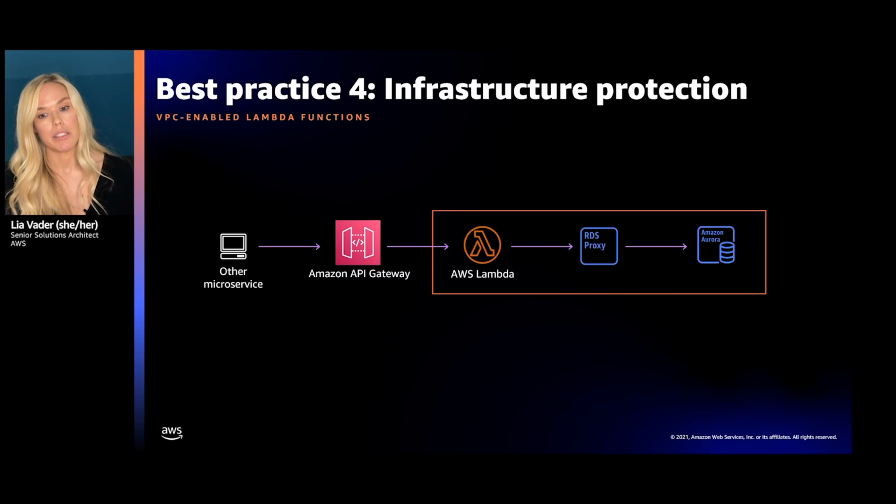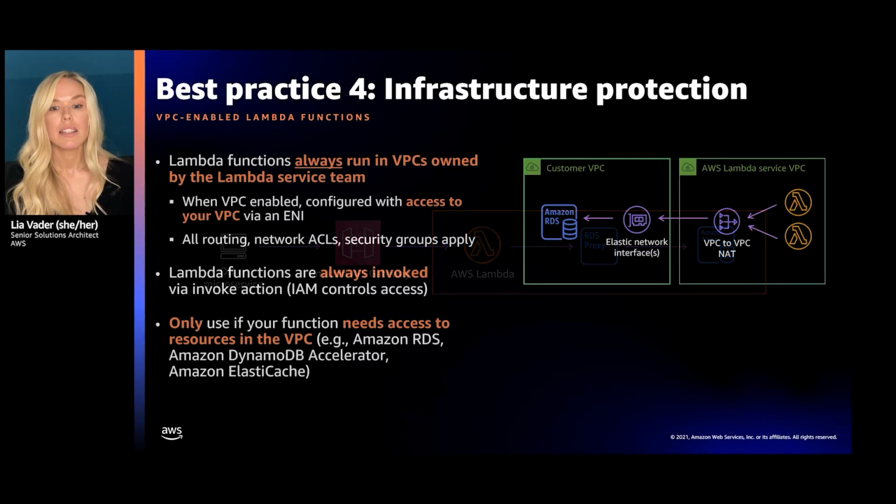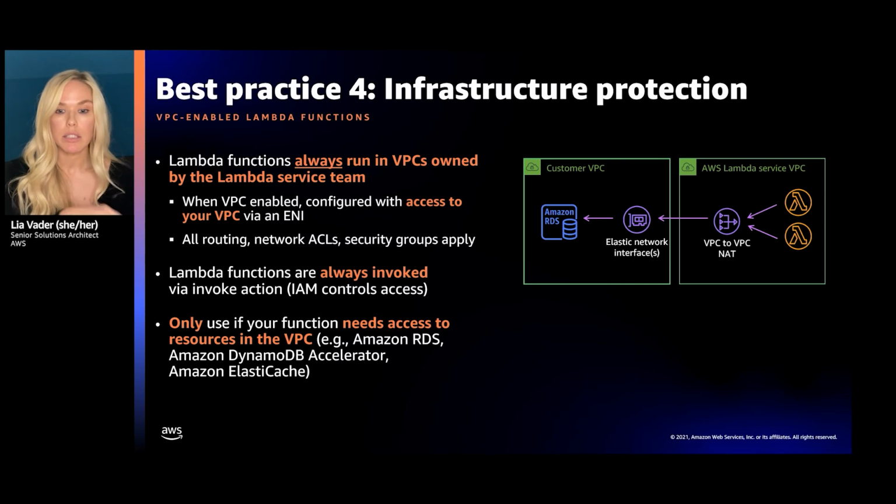Let's talk about Lambda communication to RDS Proxy, because that's happening in a VPC. First and foremost, I want to be clear that Lambda functions run in a VPC, but it's the Lambda service VPC. So when a Lambda function is VPC enabled, the Lambda service creates a network interface in your VPC for functions to use.